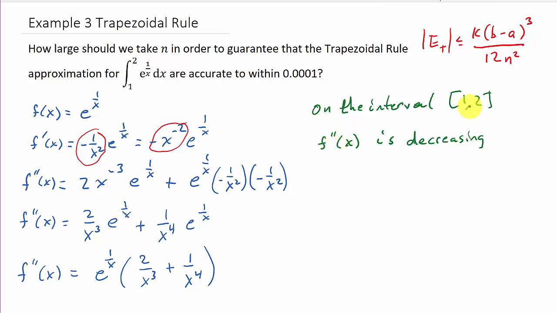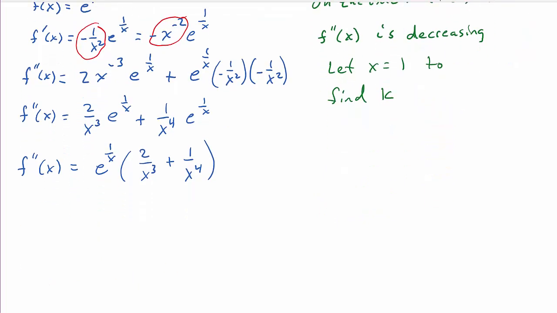All right, well, the only way that's going to happen is if I let x equal 1 to find k. All right, so let's see what we get here. So I've got absolute value f double prime of x is equal to e to the 1 over x, okay, times 2 over x cubed plus 1 over x to the 4th.